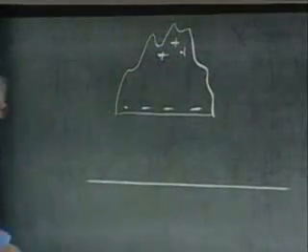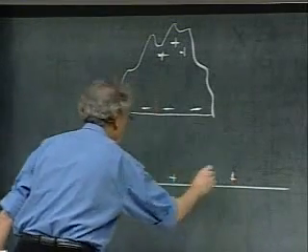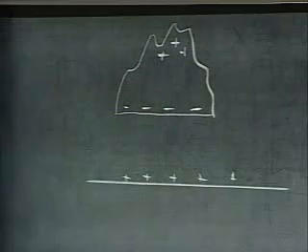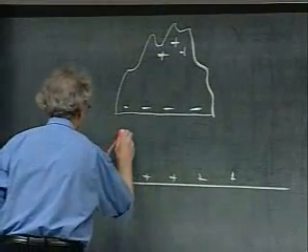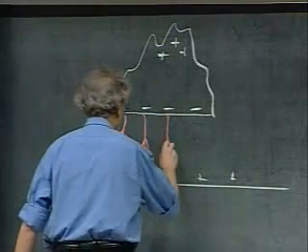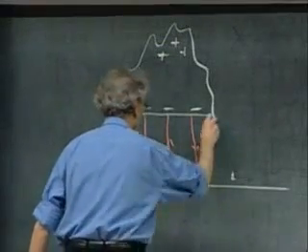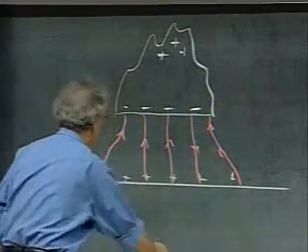Because of induction, the Earth, of course, will therefore become positively charged here. And so we're going to see field lines, electric field lines, which go from the Earth to the cloud, always perpendicular to the equipotentials. Something like this. I'll give you some dimensions.